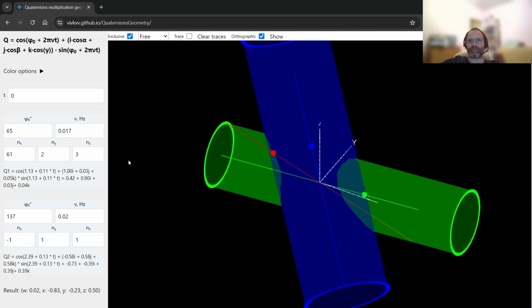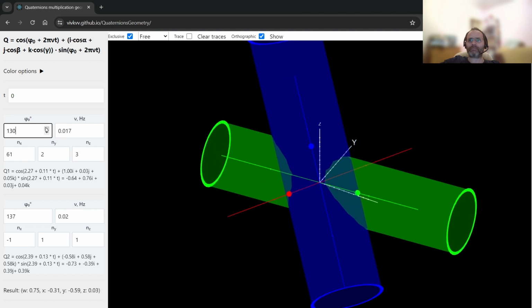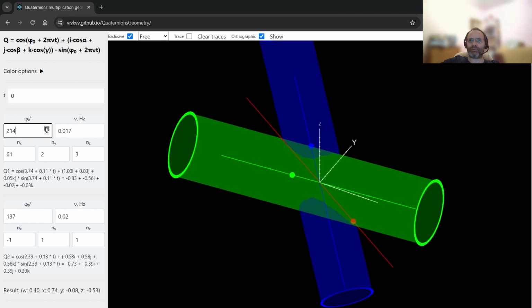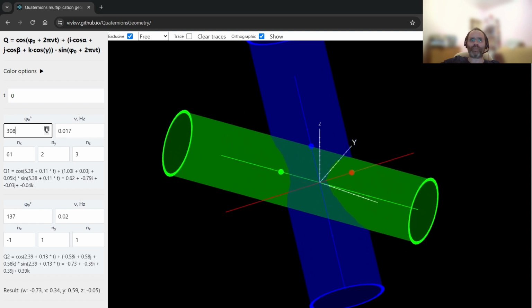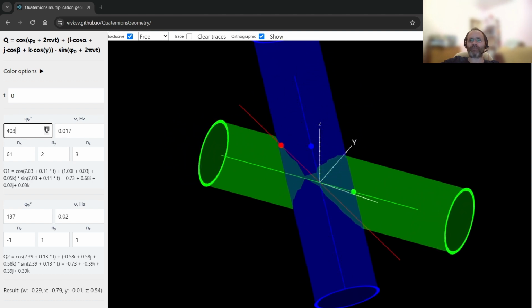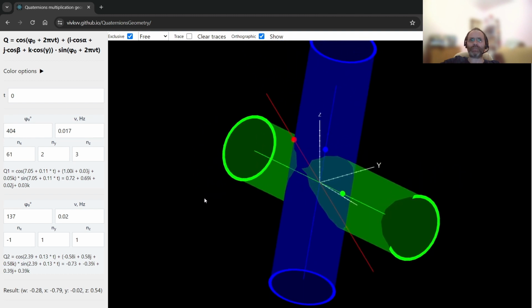Let's change the angle of the first quaternion. We will see that the radius of the blue cylinder changes because the blue stays in place and the green moves. Accordingly, the distance from the green quaternion to the axis of the blue one changes. But the resulting quaternion continues to be located at the intersection of these two cylinders.